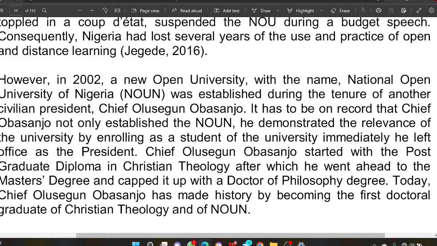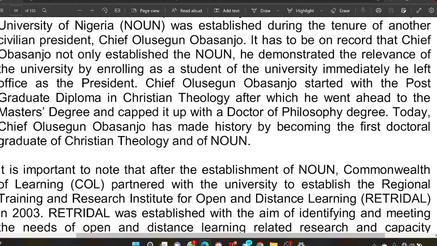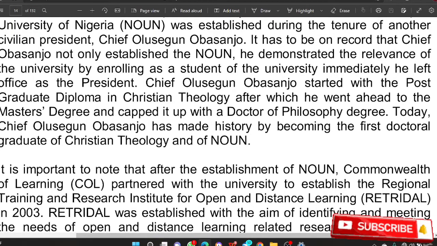Chief Olusegun Obasanjo started with the postgraduate diploma in Christian theology, after which he went ahead to the master's degree and capped it up with a Doctor of Philosophy degree. Today, Chief Olusegun Obasanjo has made history by becoming the first doctoral graduate of Christian theology at NOUN.